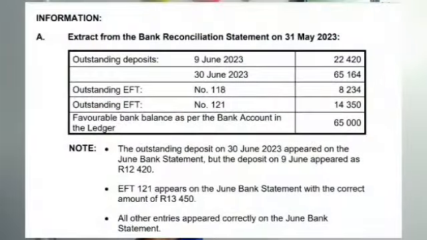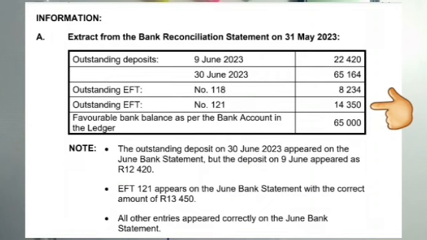Back to information A, we look at bullet number 2, and it's EFT 121, and they say it appears on the June bank statement with the correct amount of 13,450. When you look at the May bank reconciliation, it says EFT 121 is 14,350, which means it's an error again in terms of overstating and understating.